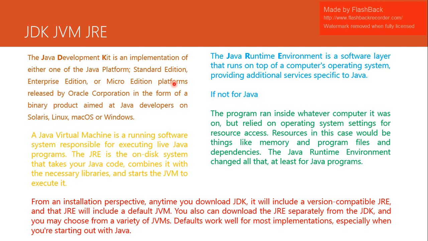Coming to the JRE, the Java Runtime Environment is software that is layered upon your operating system. Your operating system is software on its own, a layer on your computer hardware. Now, the JRE is a layer on top of your operating system.